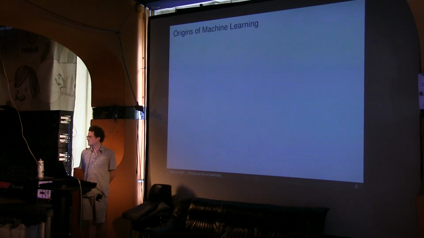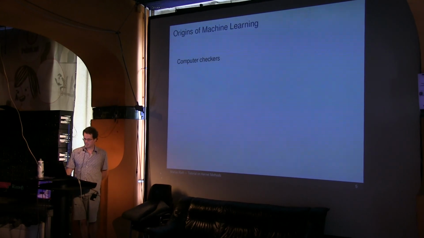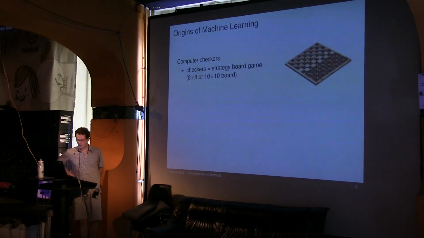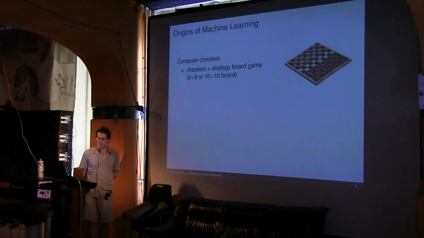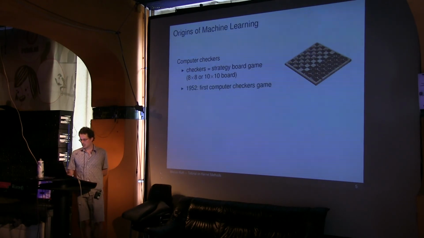So, what are actually the origins of machine learning? Well, there's this game, checkers. It's maybe not as complex and exciting as chess, but I guess all of us used to play this as kids. Checkers is a strategy board game, and there is a vivid history of actually computer checkers.